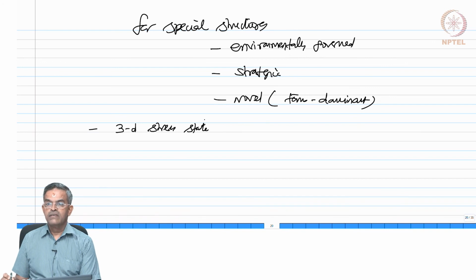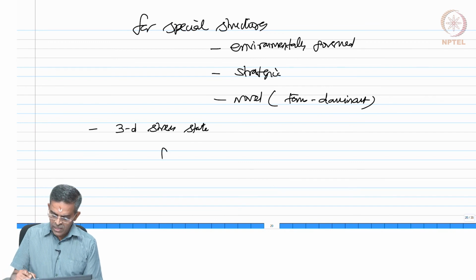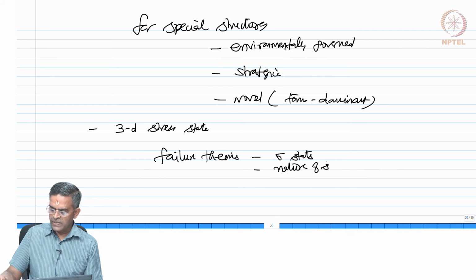We have already said that in a 2-dimensional or 3-dimensional stress state, it is complex to estimate the failure load, because we have seen the failure theories, and failure theories disagree on different stress states, on different natures of stresses, etc. Is it not?